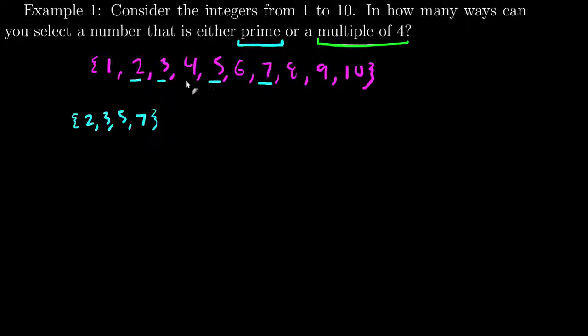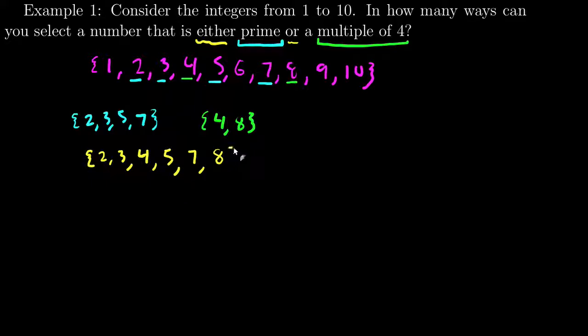Our multiples of 4, in this case, are just 4 and 8. And this leads us to this either or case having a total of these 4 and these 2, 6 possible things. We can have 2, 3, 4, 5, 7, and 8.